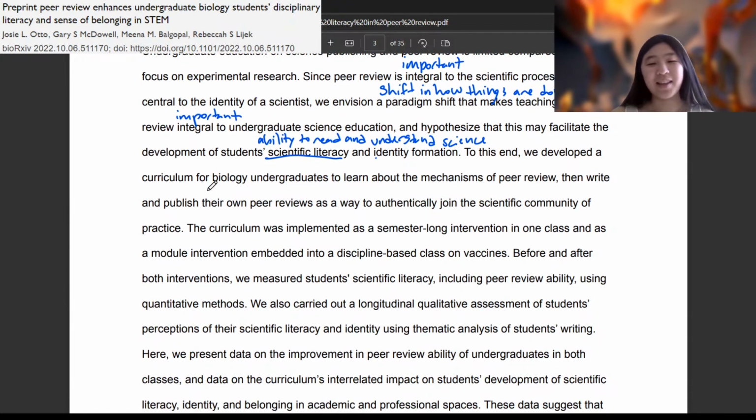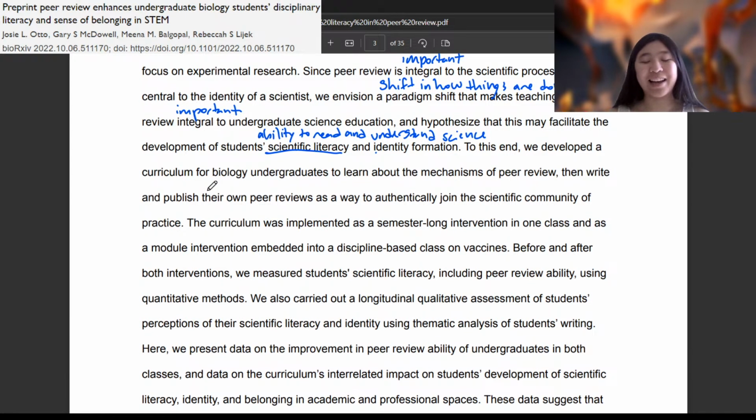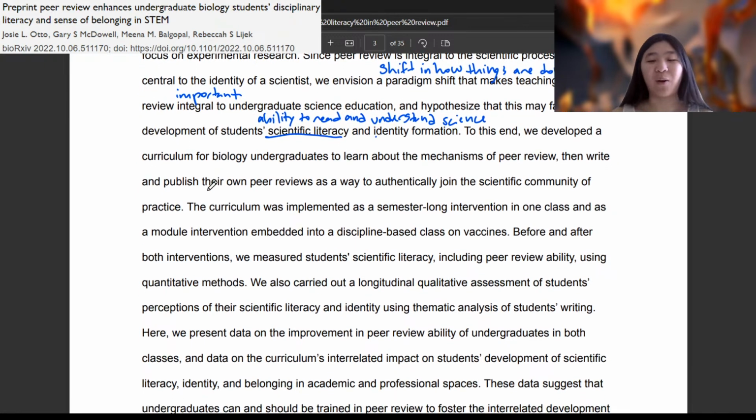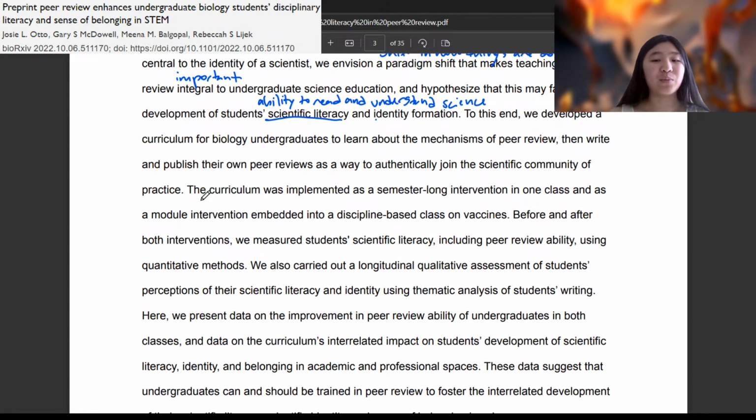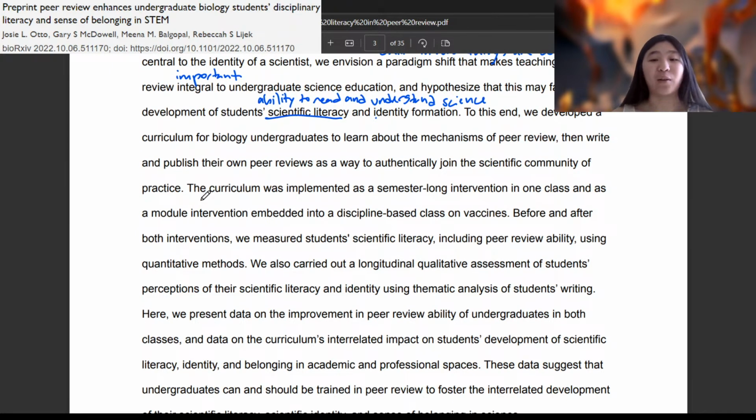So basically, they taught undergraduate students how to peer review a research article and then had them try it out on their own and give their own feedback and publish that feedback as a way to prove that they are real scientists. Authentically join the scientific community of practice. That's funny. It's a very convoluted way of saying it.